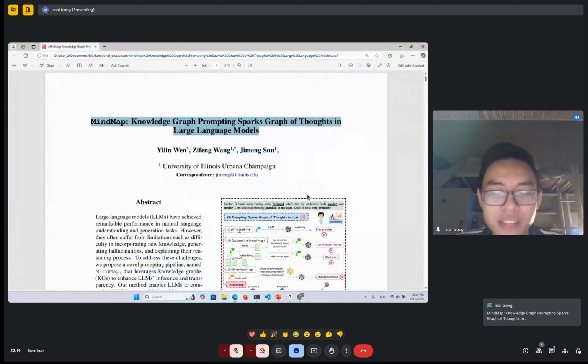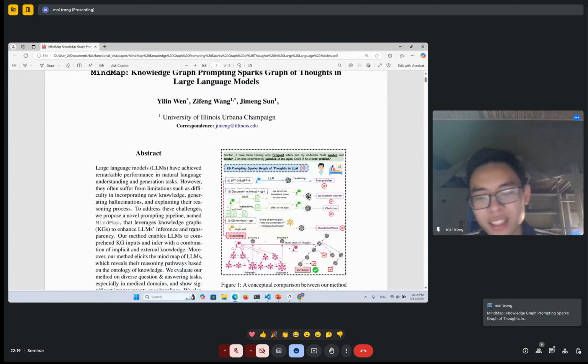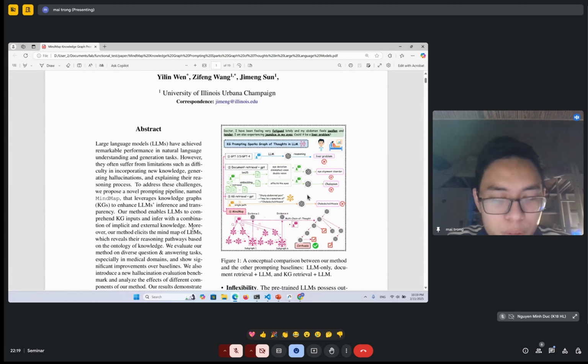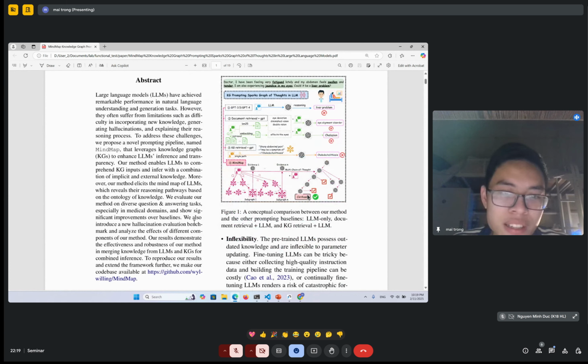Okay, so let's come back to the paper. This paper introduces how to organize the data in a knowledge graph form and how to query them with a graph thought prompting technique. Of course, the dataset used is a medical dataset.